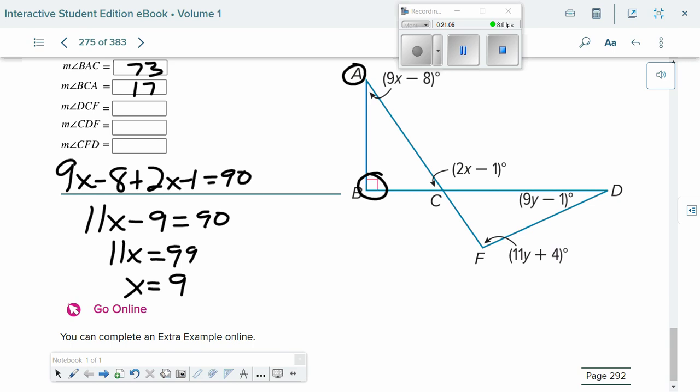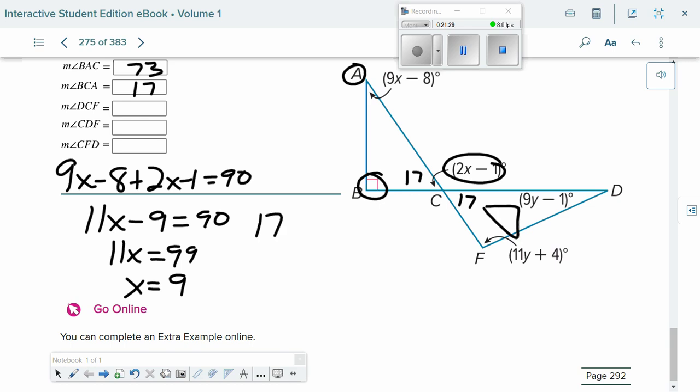But if I found this was 17 degrees, then this needs to be 17 degrees because of vertical angles. So I assume I have a triangle, all the angles equal 180. So I need to take these 3 angles here and add them together equals 180.